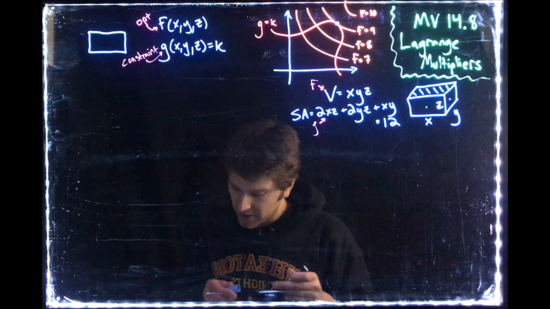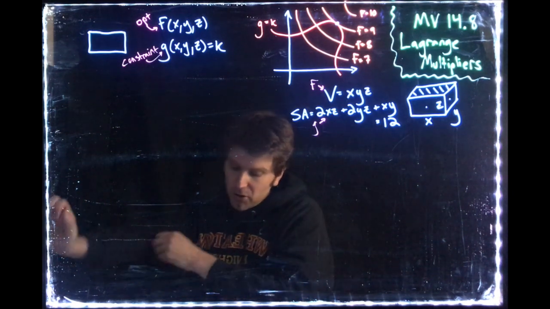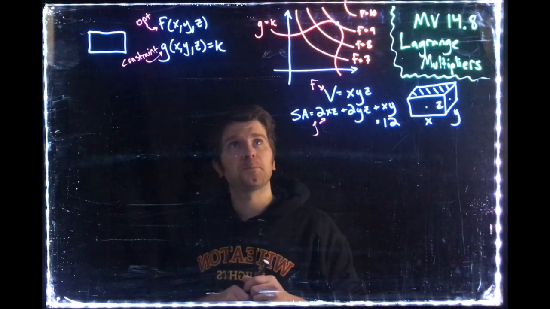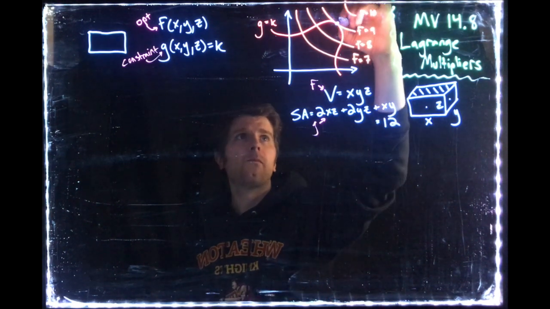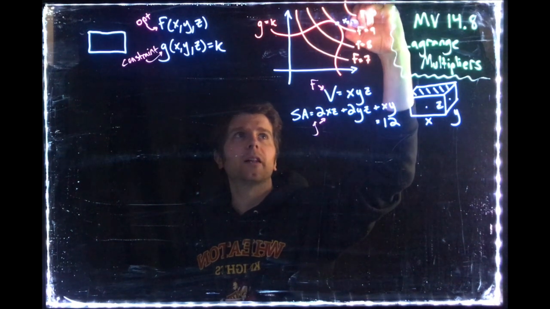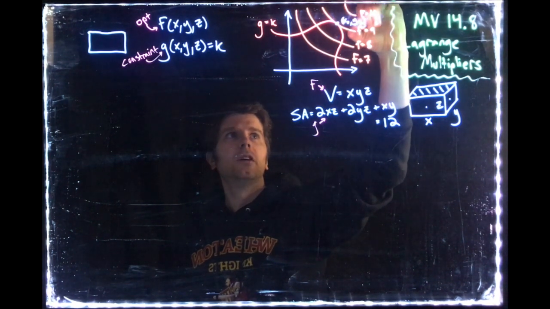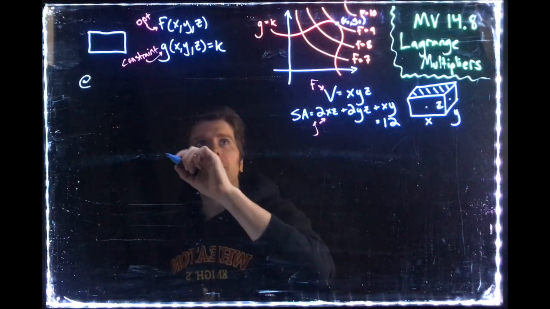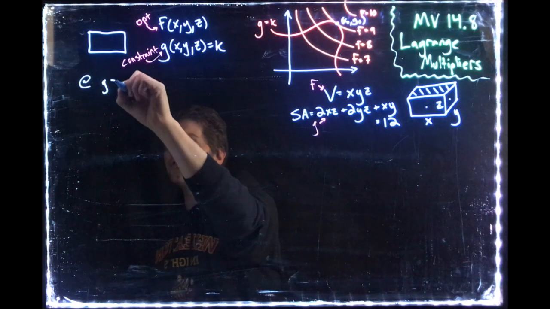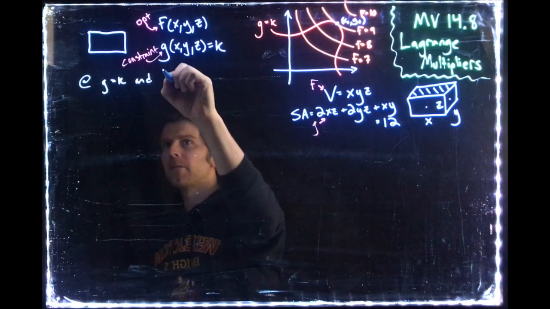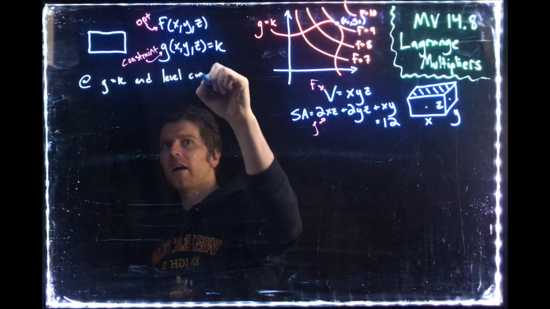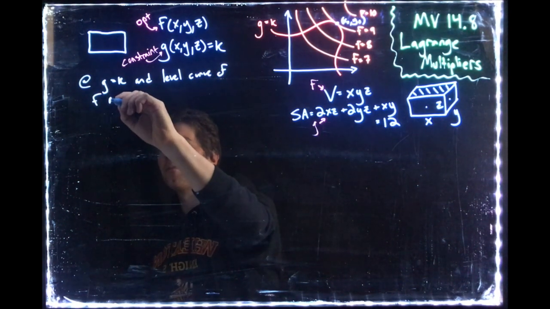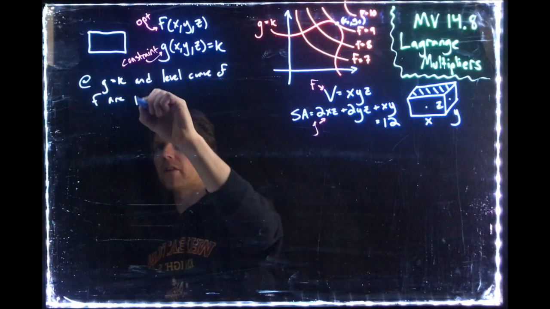And I want to point out something that's really convenient, but also really clear here, hopefully: at that point, whatever that point is, here it would be like x0, y0, the level curve g equals k and the level curve of f are parallel.